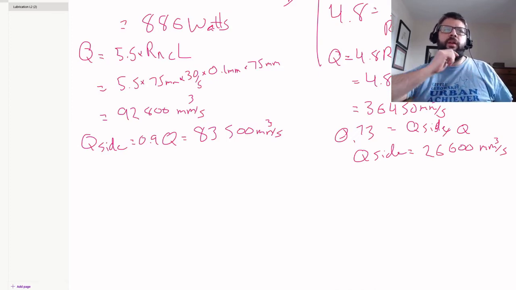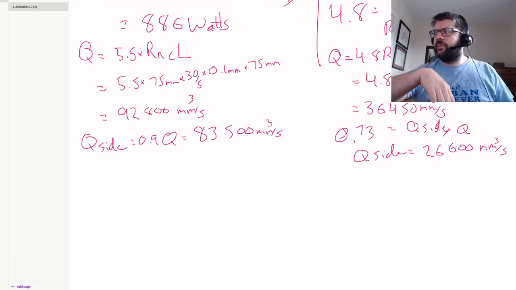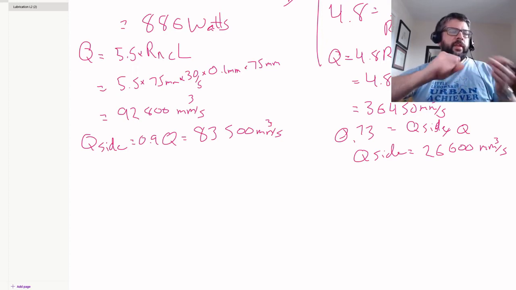So basically, what we can assume here is that the temperature rise is based upon the flow rates and the heat generated by the friction.